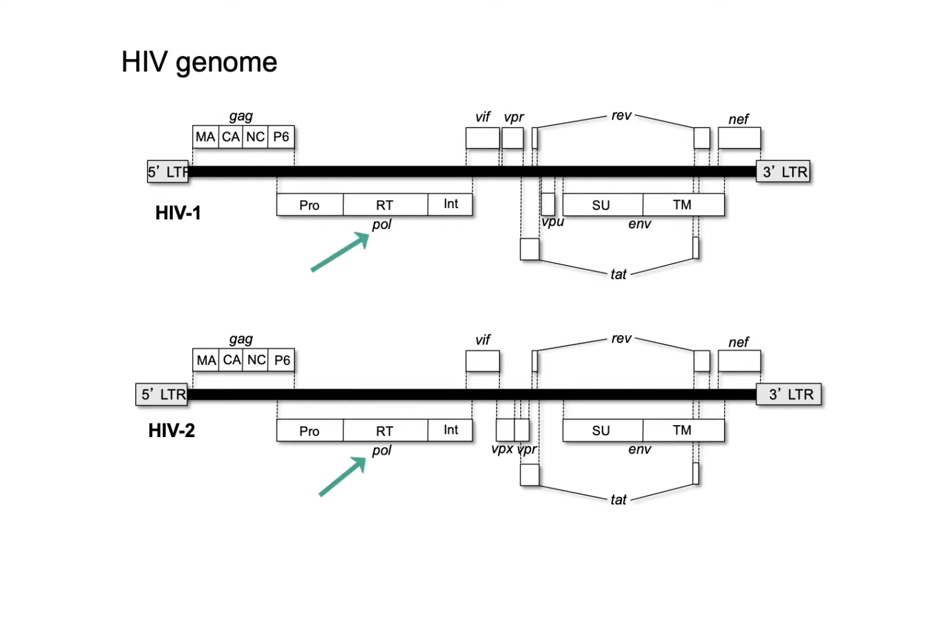POL encodes for the protease, reverse transcriptase, and integrase. The ENV envelope gene encodes for the surface protein and the transmembrane protein on the outside, and then the others are to control replication and construction of the virion itself.